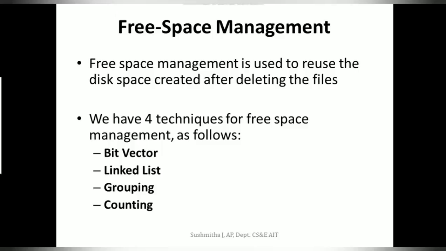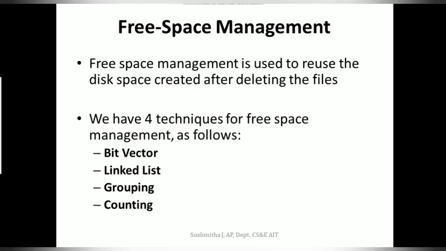The system maintains a free space list. So what is a free space list? It is a list which keeps track of the free space in the memory. Whenever we create a new file, it searches in the free space list for the required amount of space and then allocates that space to the new file.